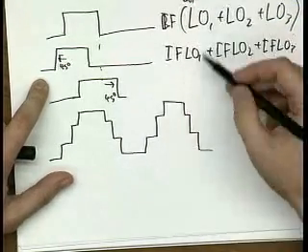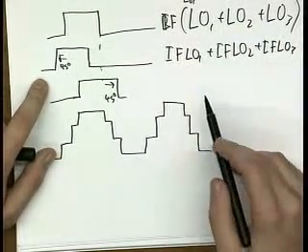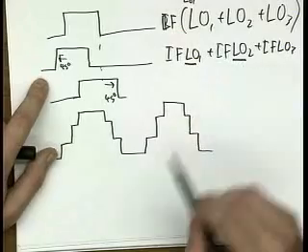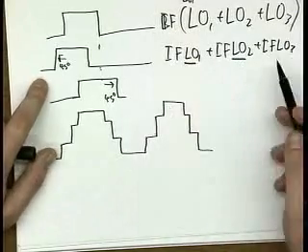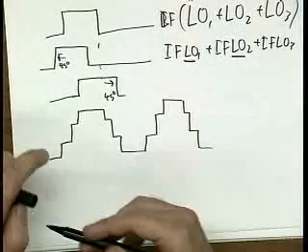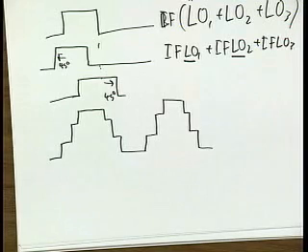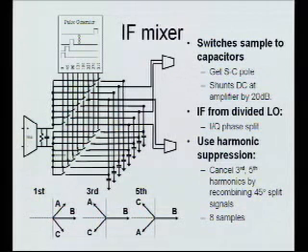Now, these 2 forms are mathematically identical, right? I just parsed it differently. But implementation-wise, each of these LOs is now a square wave, so it's really easy to implement. And I just sum up afterwards, and I still get the same effect. There's no actual mathematical difference. So that's what I've done. And here's the nastiest thing you'll ever see, almost. So I've added all those extra phases, all those 45s and minus 45s, and all their complements.